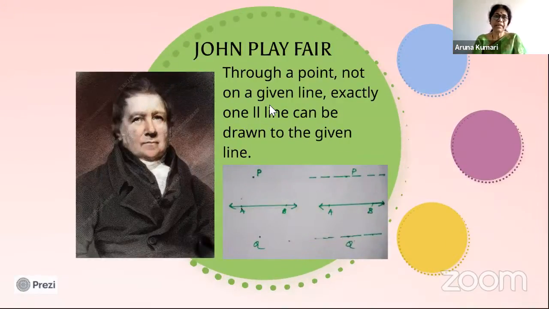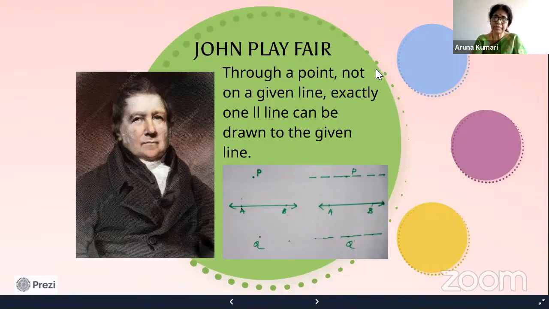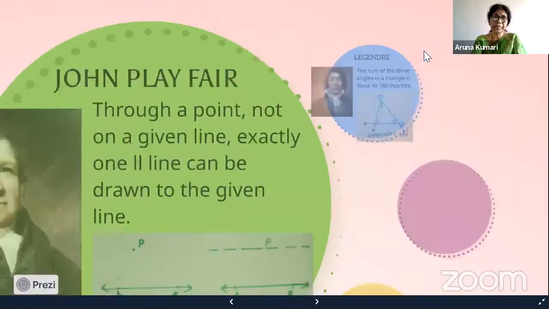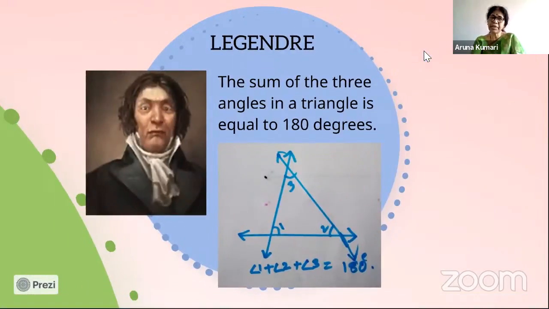See, John Clayfield is also a mathematician. He came 2000 years after Euclid, which means 20 centuries after Euclid.